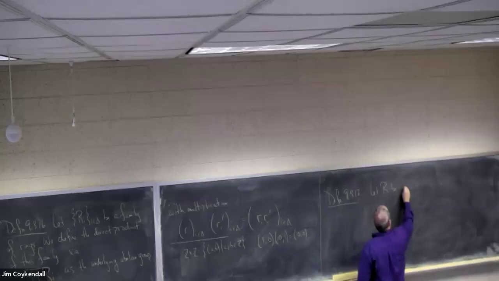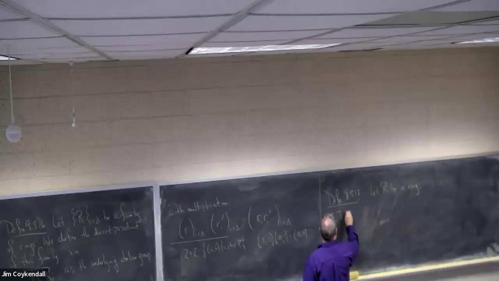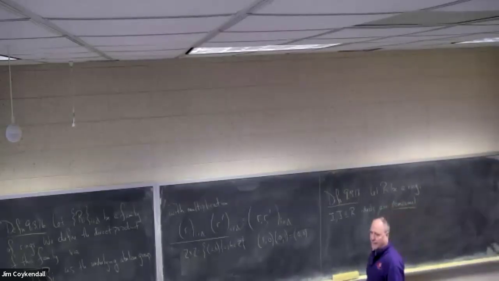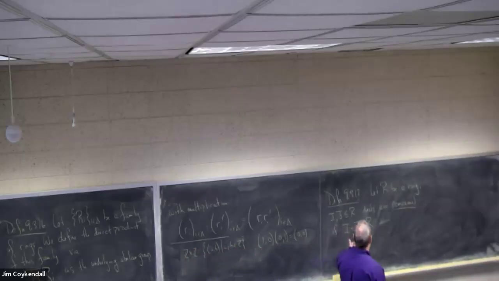Let the ideals be co-maximal if, now remember, the ideal I plus J is the smallest ideal of R that contains both I and J. If this blows up to the whole ring, it's what we call co-maximal.